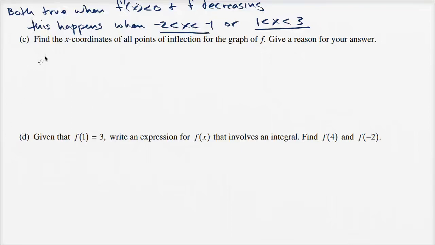So part C, find the x-coordinates of all points of inflection for the graph of f. Give a reason for your answer.